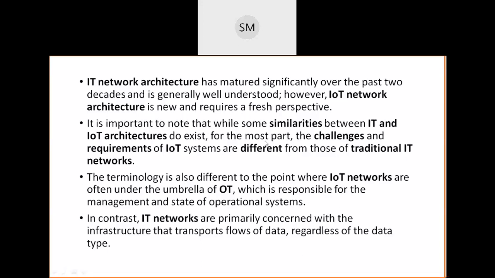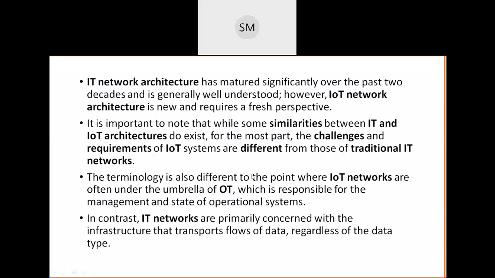So it is important to note that while there are some similarities between IT and IoT architectures, some common things between them, there are also some challenges. There are some similarities between IT and IoT, and also some challenges and requirements for IoT that are different from those of traditional IT networks.